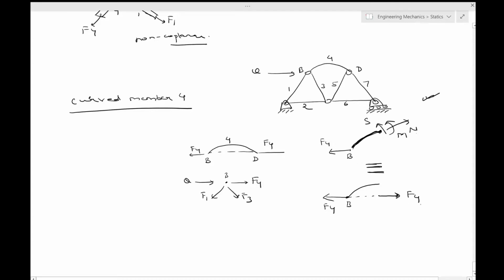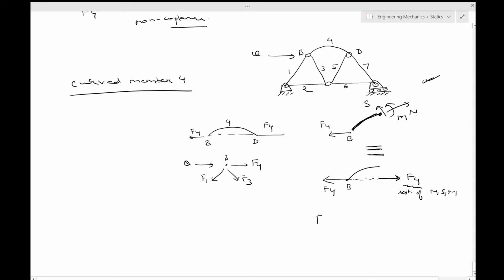So this is the resultant of N, S, M. Okay, so this is how one can show the forces on this, acting along this line B, F4 acting along BD.